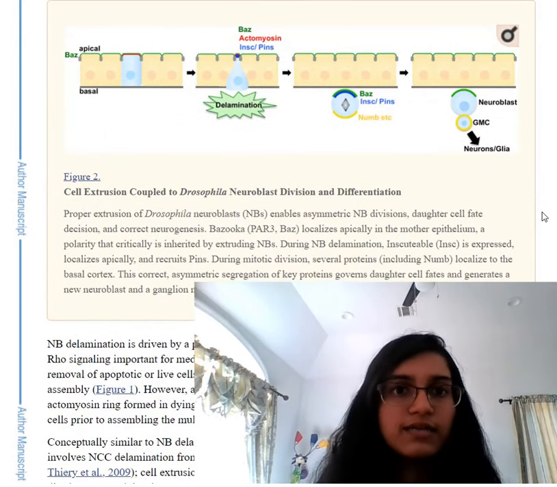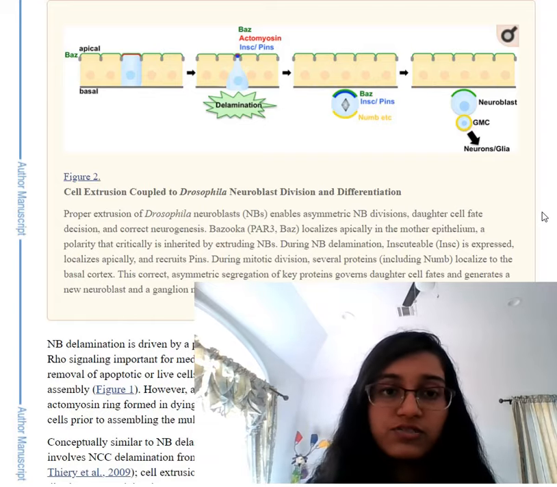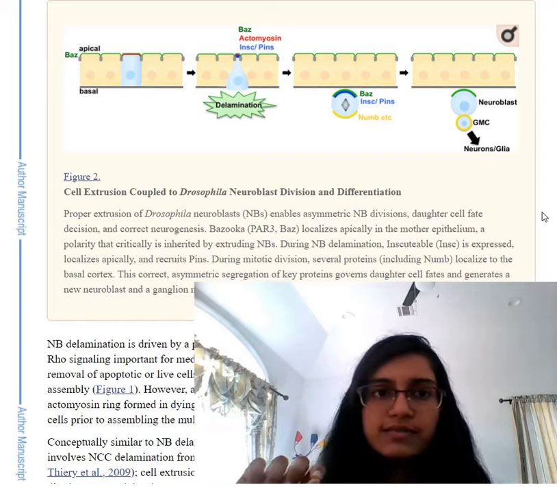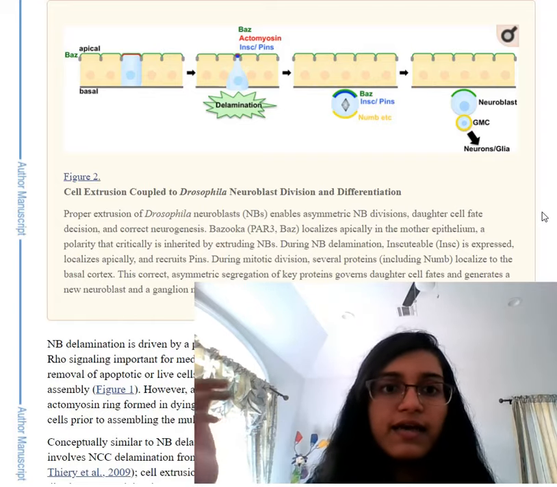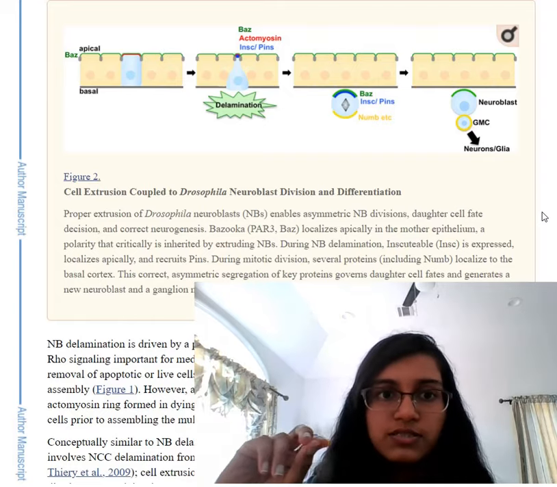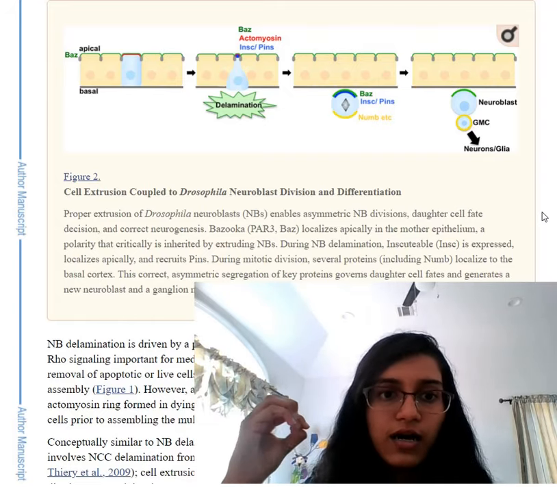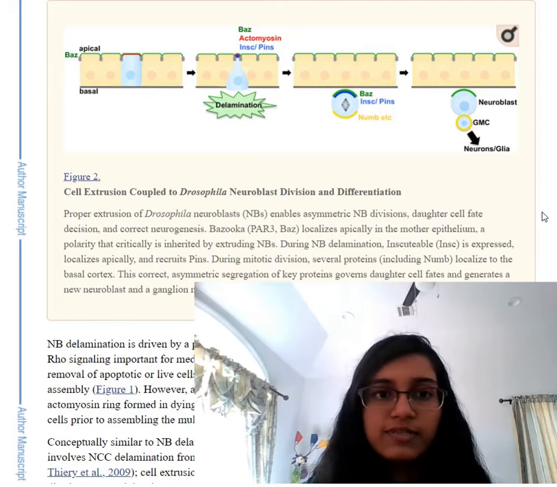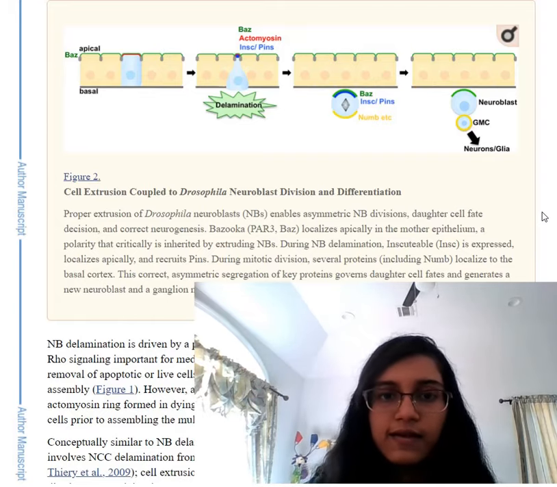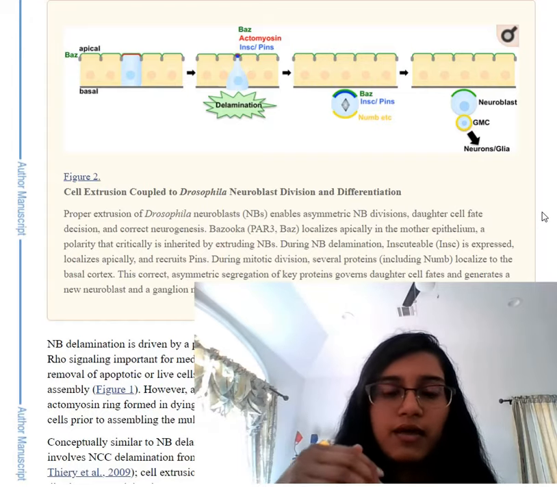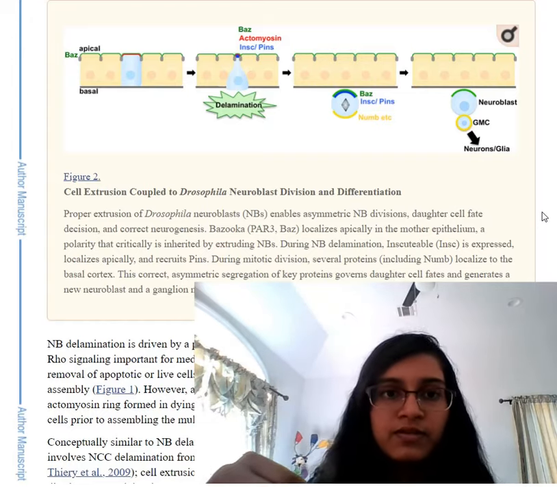What this diagram essentially shows us in Drosophila neuroblasts is that certain proteins like Baz, actomyosin, and INSC and PINs localize to certain regions of an apoptotic cell. Essentially, what's happening here is that these proteins go to the apex and others like NUM go to the base.